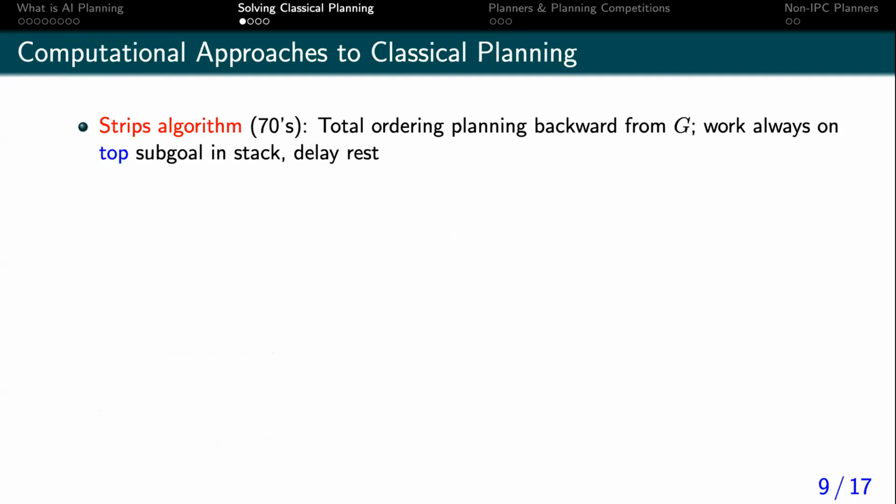So having established what planning problems are, let's look at the methods developed over the years for solving these problems. The first one is the STRIPS algorithm, which keeps a stack of goal facts, finds an action that achieves the top fact in the stack, removes that fact from the stack, and instead adds the precondition of that action.